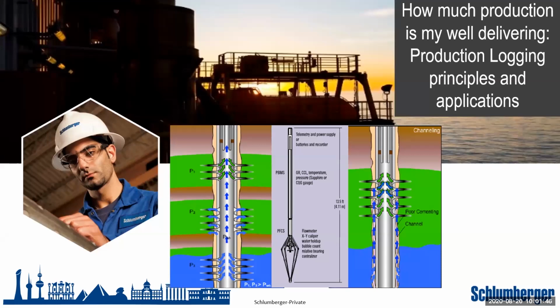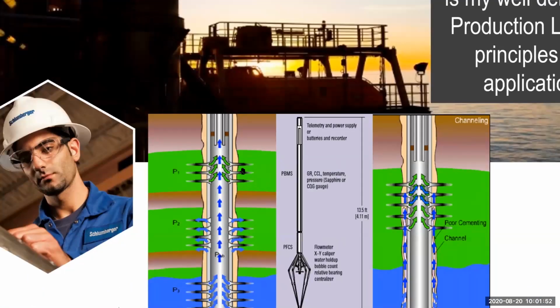So as you can see in the picture that you have in the slide, here you can see 2 wells. In the well on the left, we see that there is water production from zone number 3, the most bottom perforation, P3.